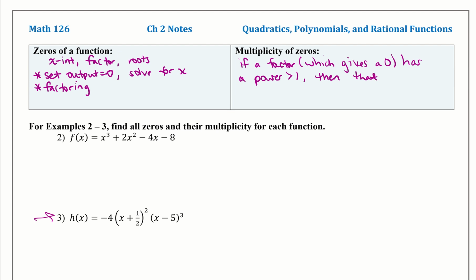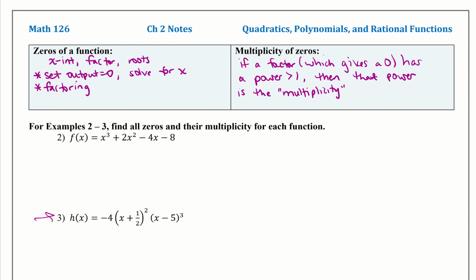It means that for that factor, that answer, we usually list that answer only once, but we could say that answer is really showing up multiple times in the problem. So that power is the multiplicity. Now, in past years we've mostly dealt with problems that had a multiplicity of 1 for each factor, and we never really wrote out the multiplicity. So we're going to go ahead and do that for these next couple of problems.